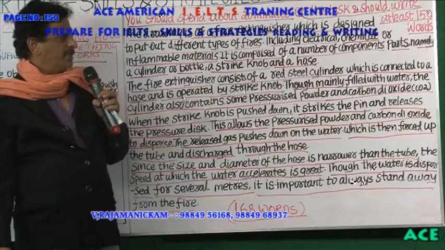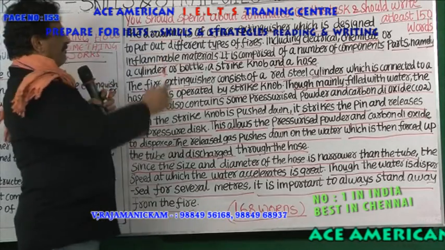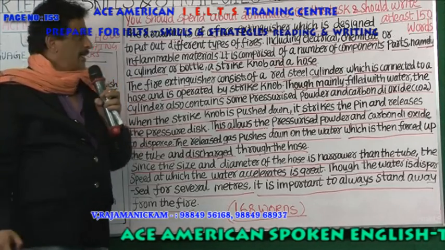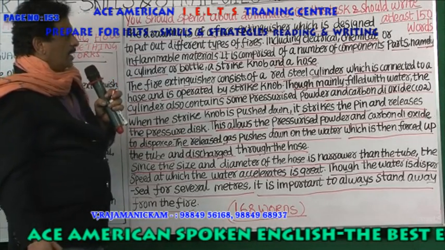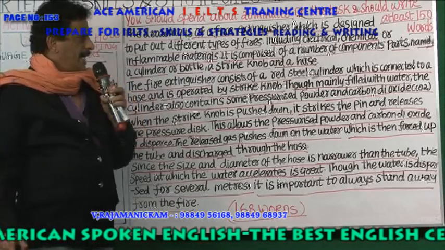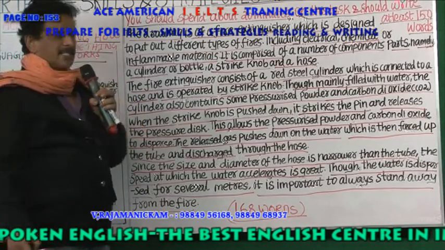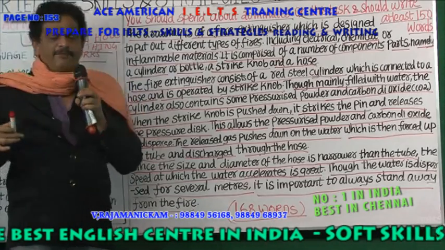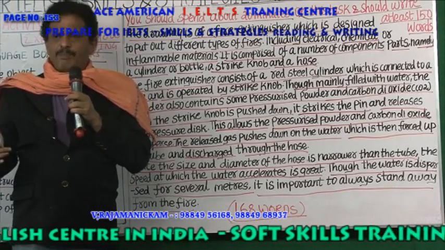So here in the description of the process, in the first paragraph he says what it is all about, the product. Then next he says what the purpose of the product is, what it is designed for, and third he says what the parts of the product are.